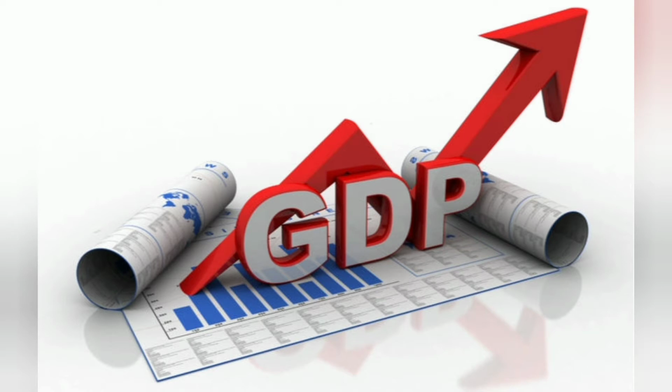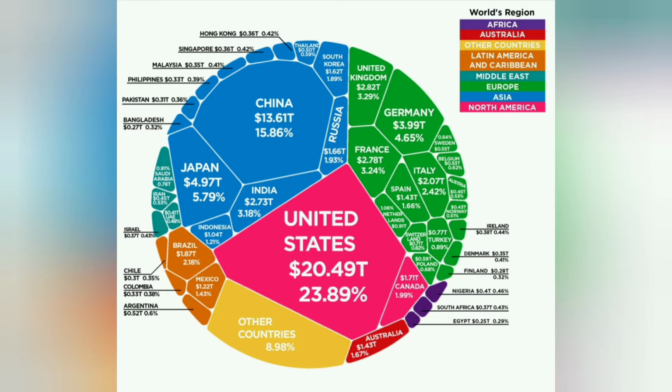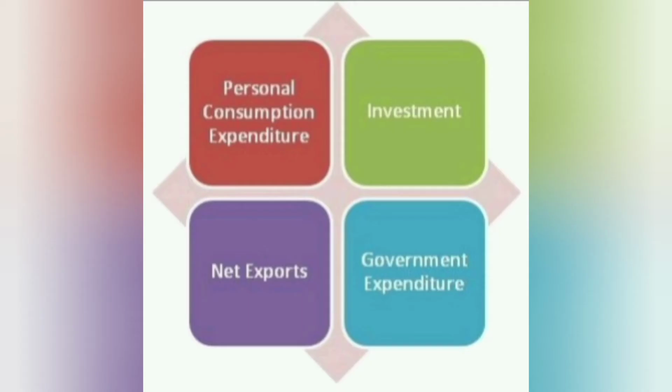So what really contributes to GDP? What are the components of GDP? There are four key components of GDP. Let's quickly look at these four components and what role they play in GDP. The first component we can talk about is personal consumption expenditure.